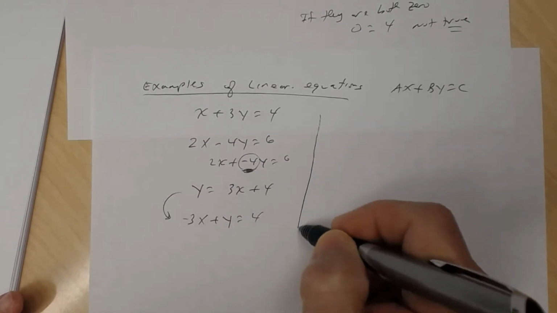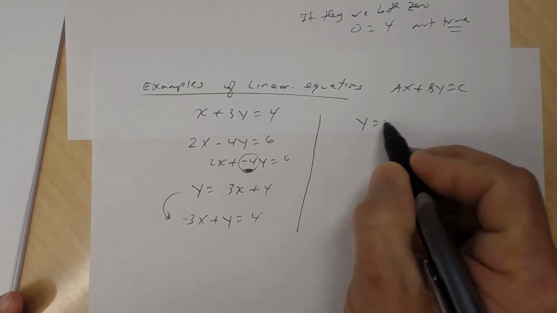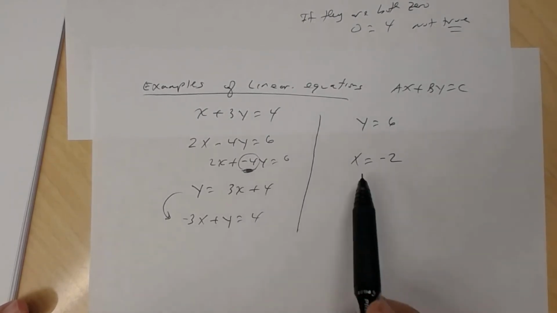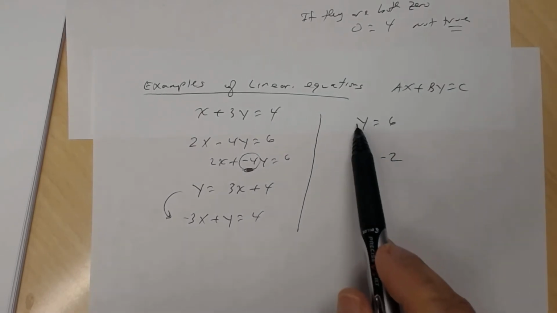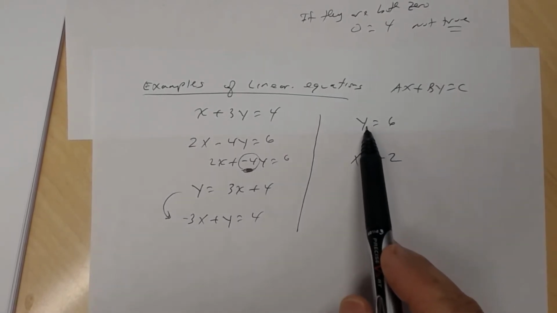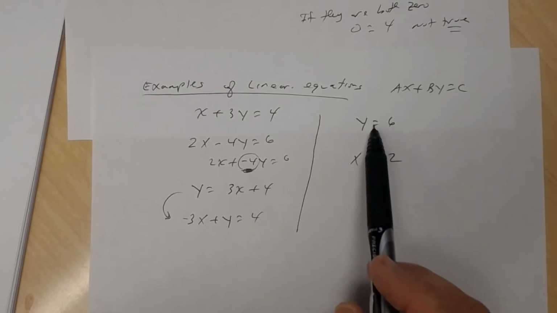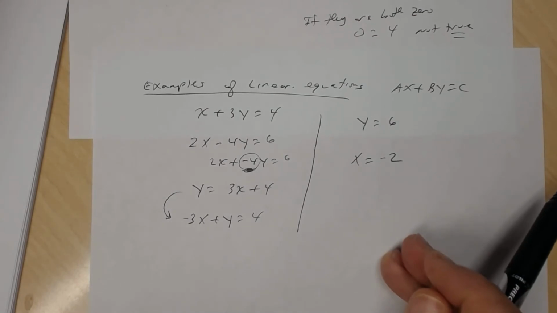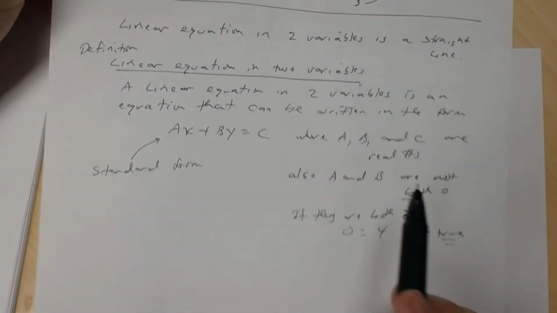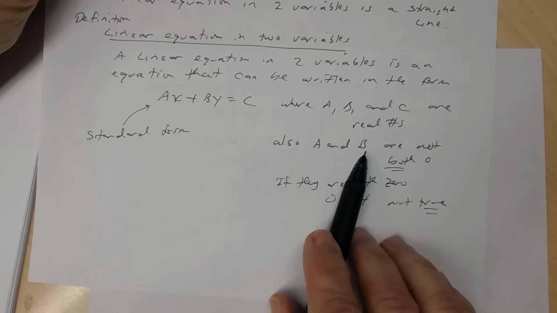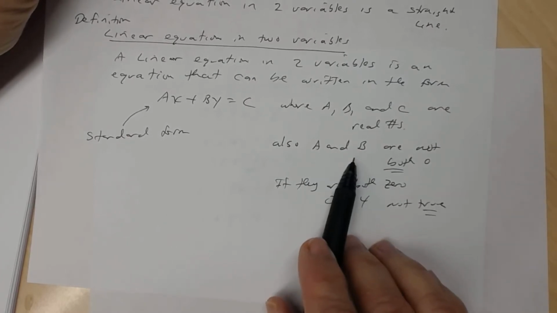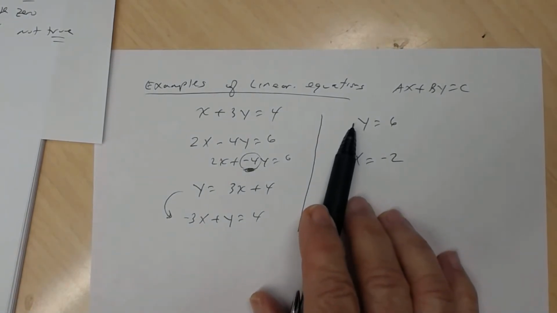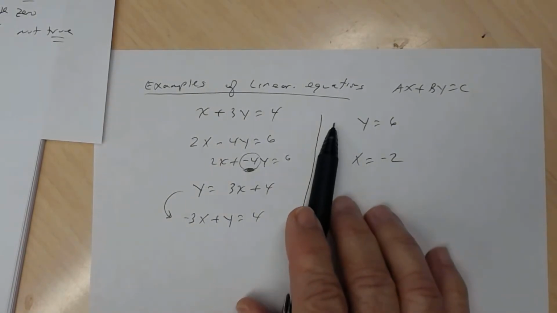In a little while, you're going to see these: y equals 6, x equals negative 2, something like that. So notice that here this is still a linear equation, although you may say, well, there's no x. It doesn't look like this. But remember, in our definition a while ago, we said a and b, one of these can be 0, but not both. So if you look at this, b, the coefficient of y, is 1, but you don't see the x term.